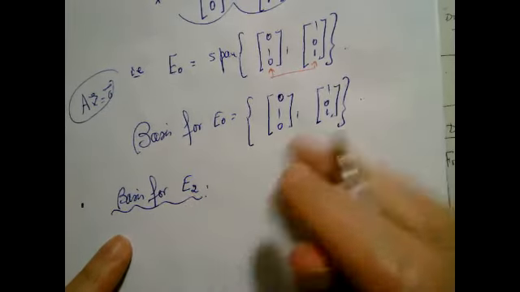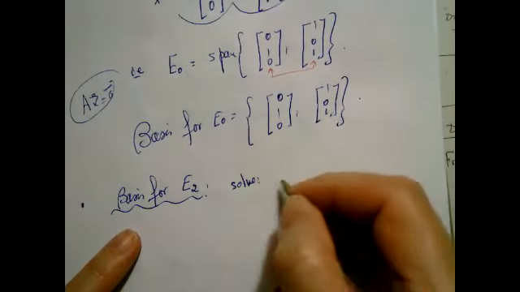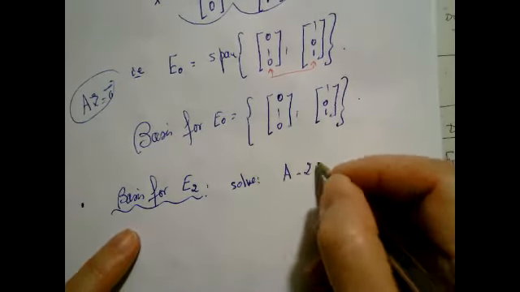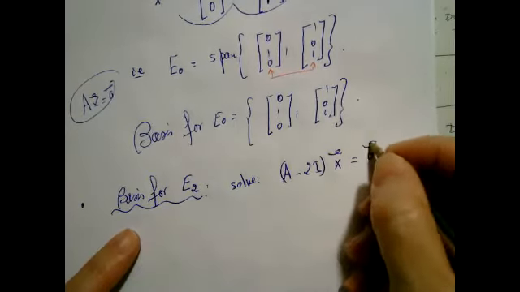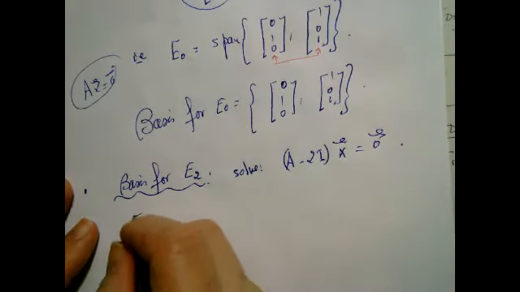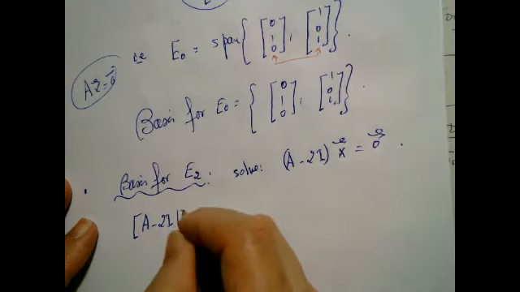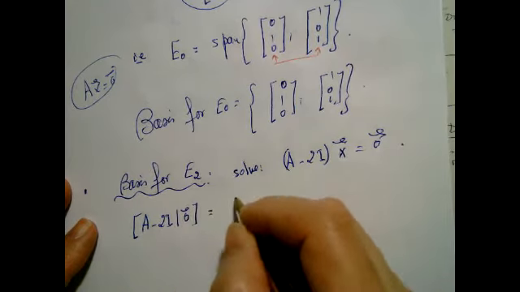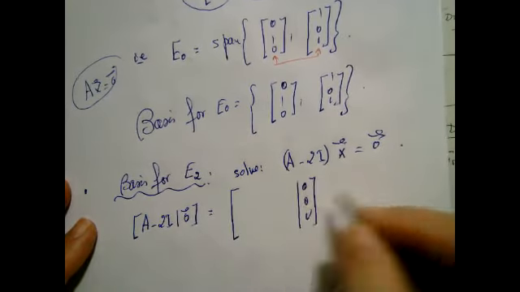Okay, and then let us do that. So we have to solve (A minus 2I)x equal to 0. Again, we solve it verbatim, and we proceed. We do exactly what we've been doing over and over.